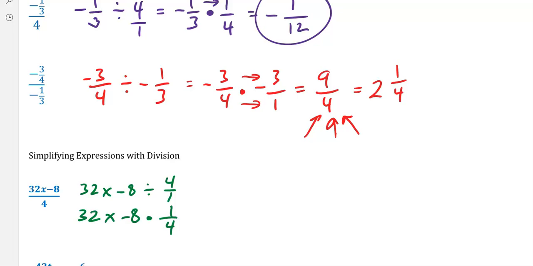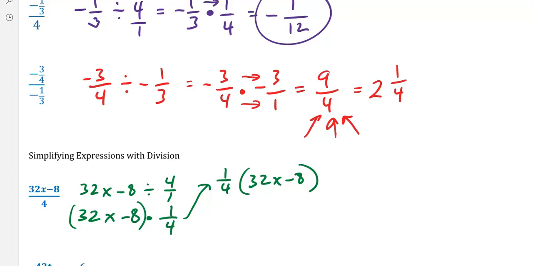So we're multiplying by the reciprocal. Now, because this is a quantity, I'm going to swap the order around because I can. It's multiplication, the commutative property of multiplication.